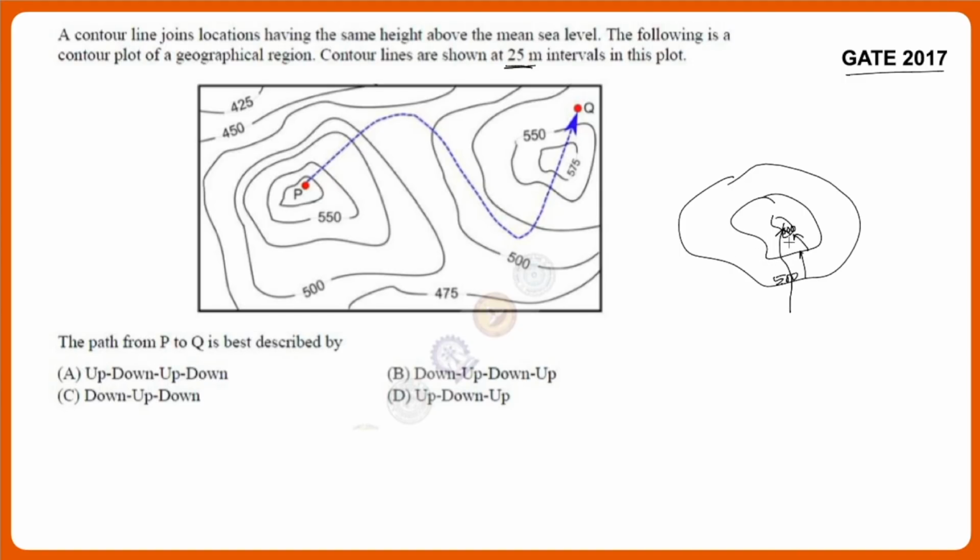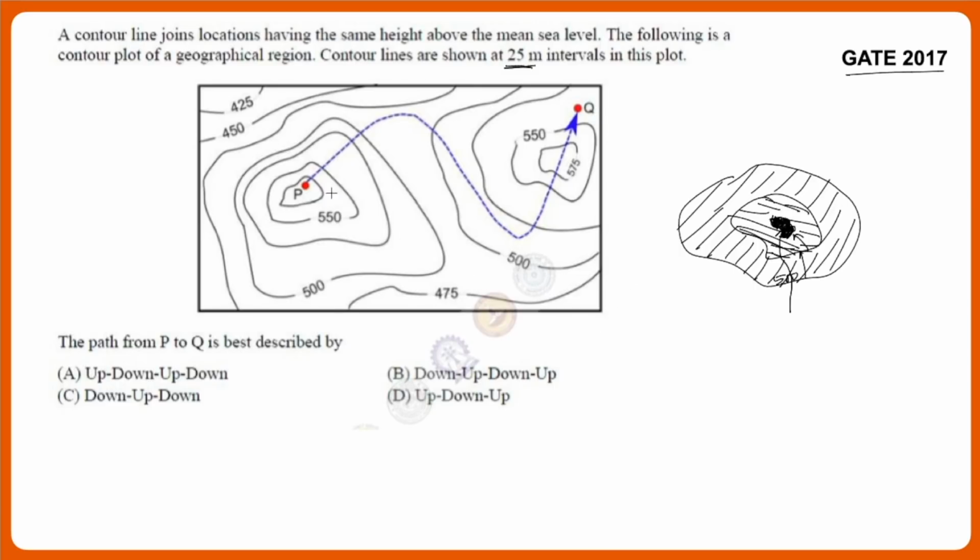So this is nothing but a way of showing heights on a 2D diagram. You won't be able to show the height otherwise, right? But in this way you can simply show it. So that means this particular region is at a height of 500, whereas this region is at the height of 550, and this central region is at the height of 600. So that's how you relate the height in a 2D diagram.